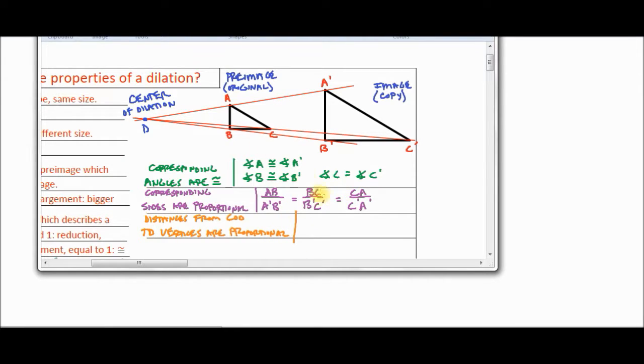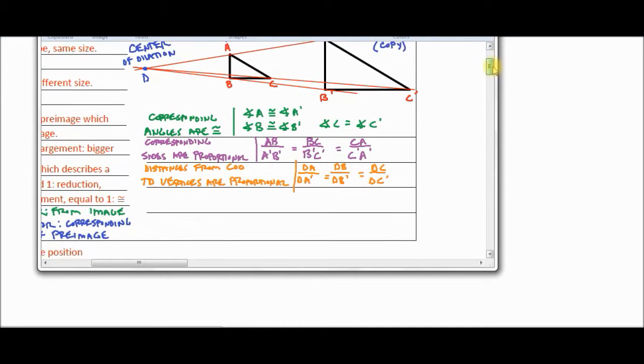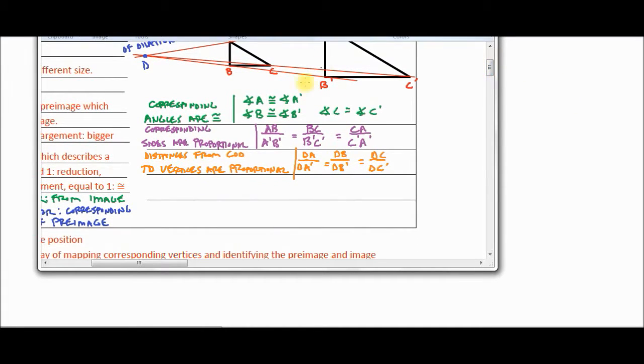So that means that the distance from D to A divided by the distance from D to A prime is equal to the distance from D to B divided by D to B prime, and that's actually equal to the distance from D to C divided by the distance from D to C prime. So the distances from the center of dilation to each of these two shapes, the image and the pre-image, are proportional.